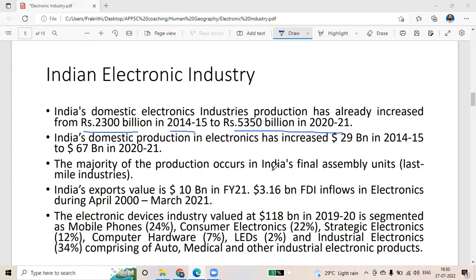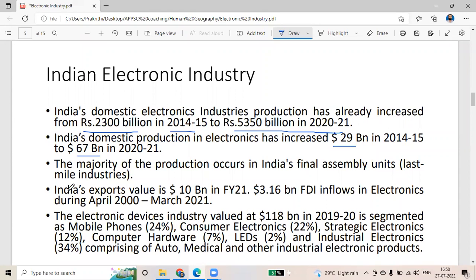So India's domestic electronics production has increased from 29 billion to 67 billion dollars. And what is the difference?